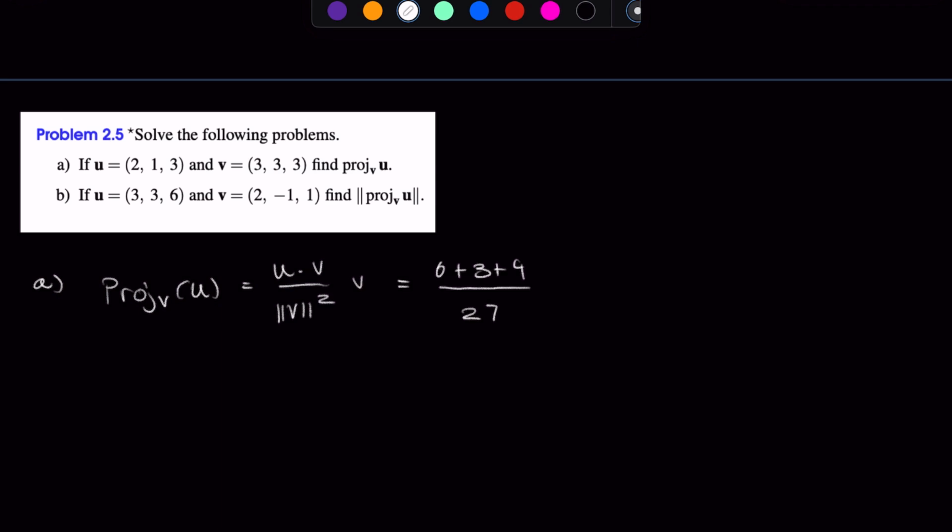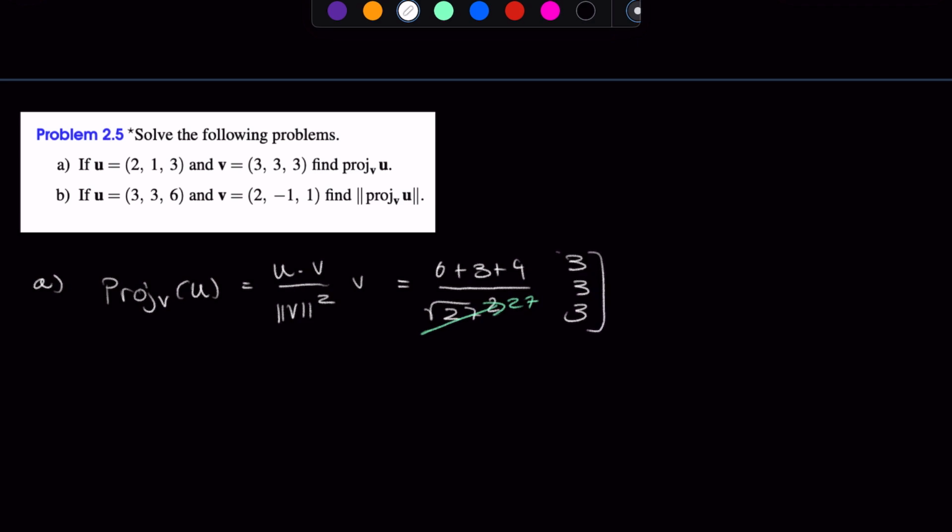So hopefully you got something like this, or actually it equals square root of 27 squared, which obviously just equals 27, times the vector v, which you can write like this.